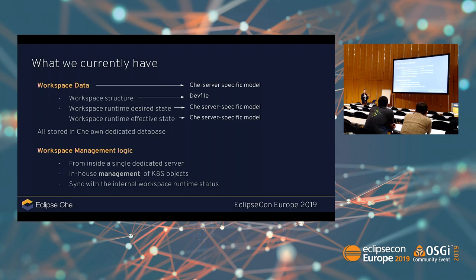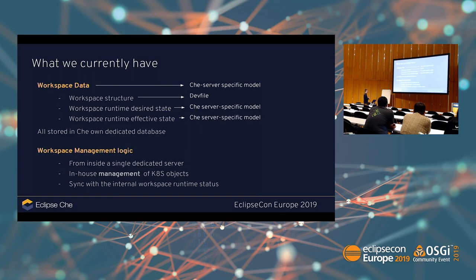So what does it mean in terms of Che? Currently, workspace data is a Che server specific model. The workspace structure, the only really meaningful part, is a Devfile, as I showed. But then the runtime desired state and runtime effective state are all stored inside the Che server application with an internal Che server specific model, and inside a Postgres database.